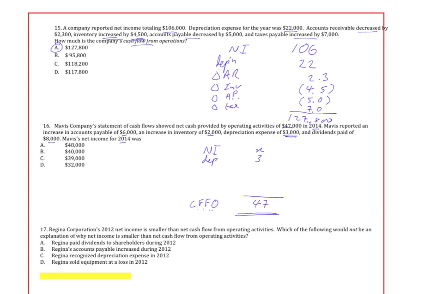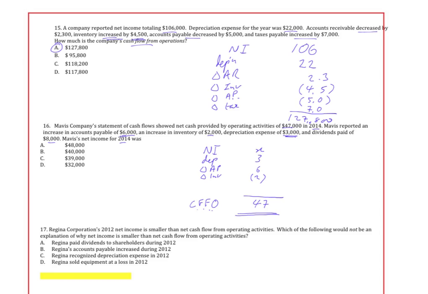There was an increase in accounts payable, and that's good news. It's just like borrowing extra money from your suppliers, so that generates cash. That was 6. There was an increase in inventory. That's a shame, because we had to pay cash for inventory even though we haven't got any income yet. So that was a 2,000 decrease.